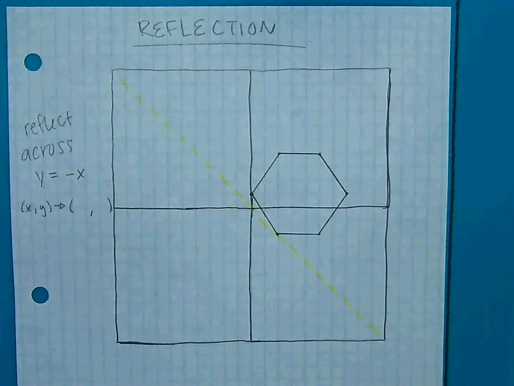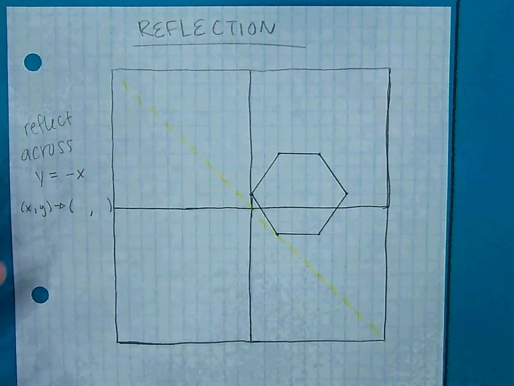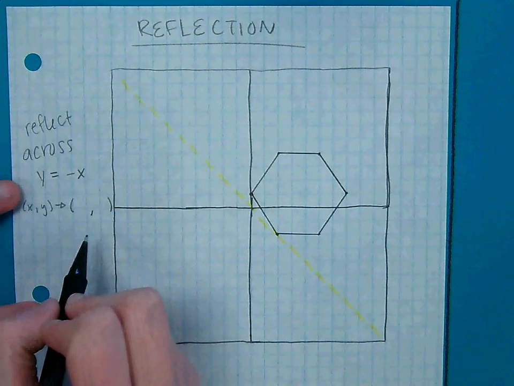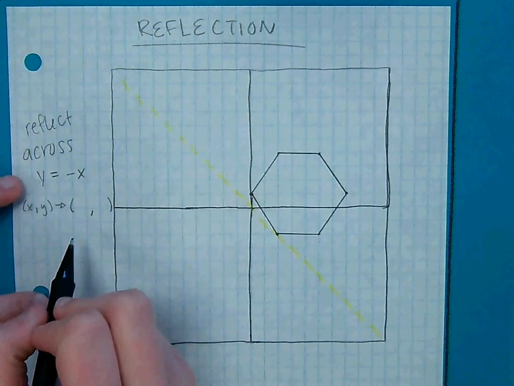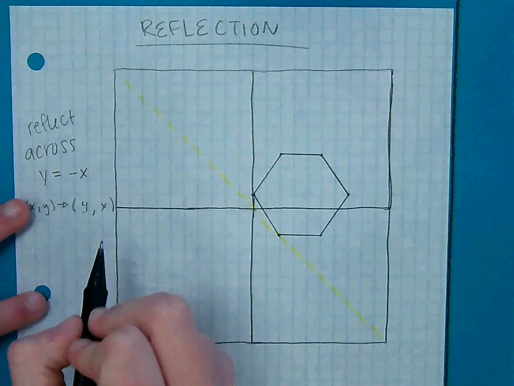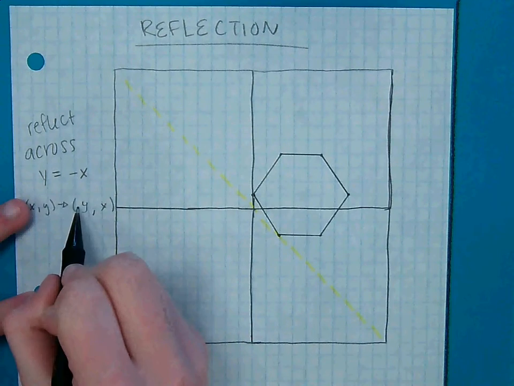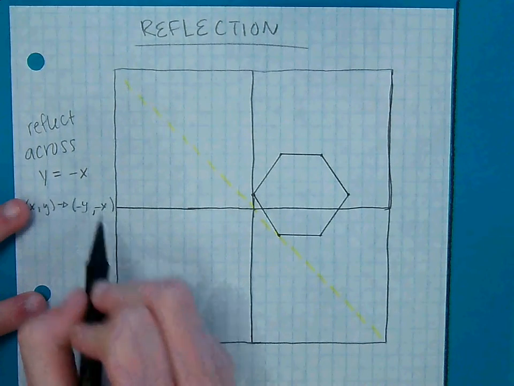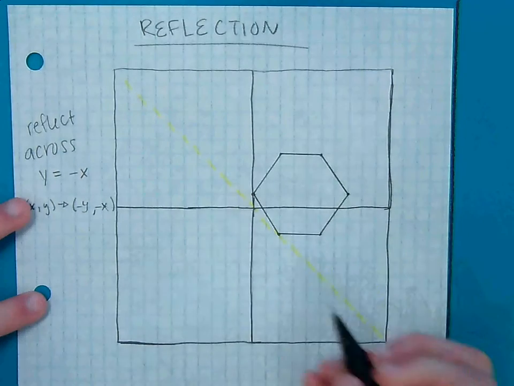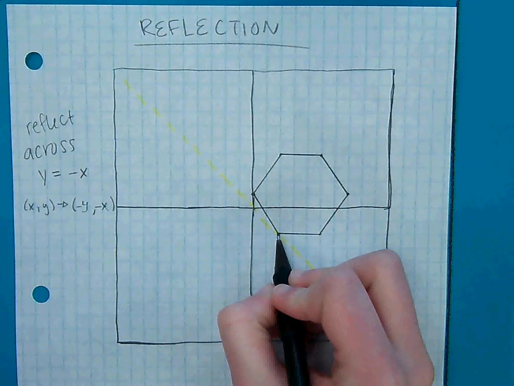Now, with y equals x, your y became your x and your x became your y. Since this is over negative x, it's the same as y equals x, but since this is a negative, both of these change signs. So this point right here is at 2, negative 2.